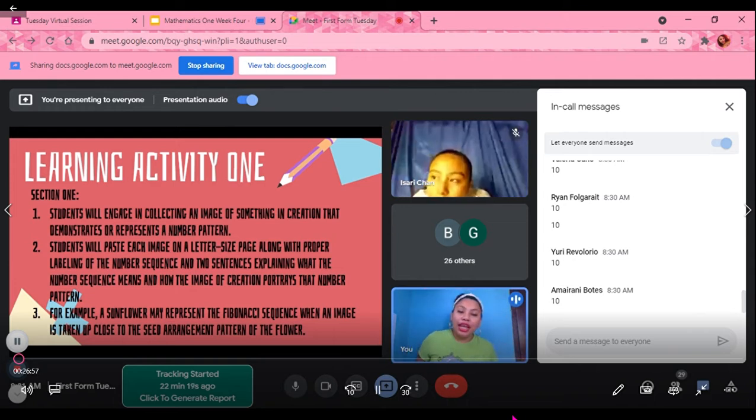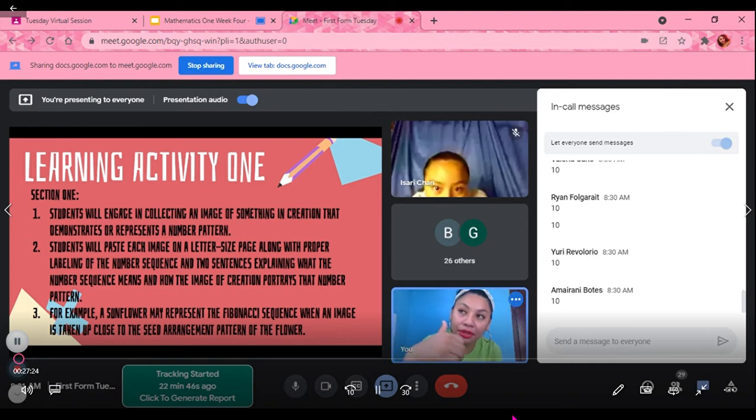Yesterday I gave you examples. We talked about a mom, then her child, then that child's children, and those children's children. That is a pattern. You can talk about nature and the different leaves on a tree. You can talk about things that man has made but that are still a part of creation.